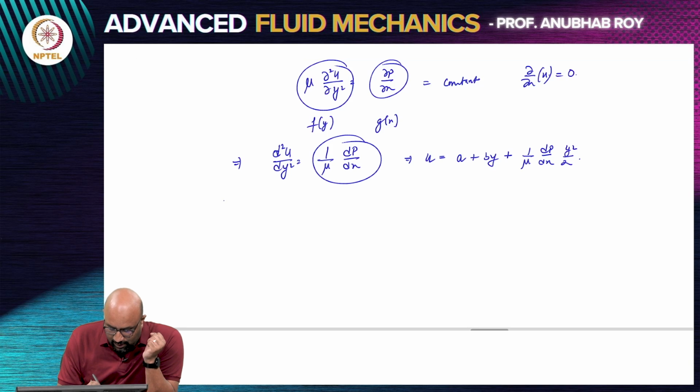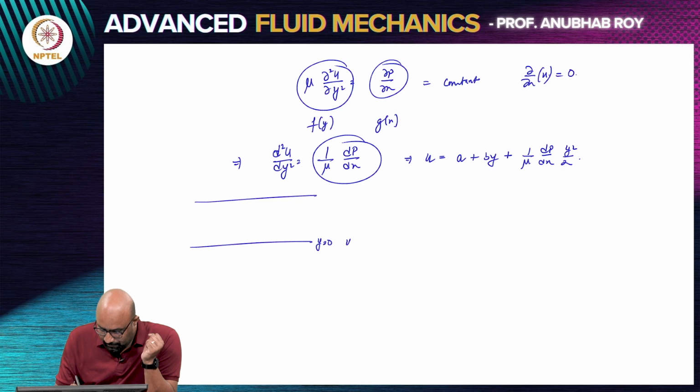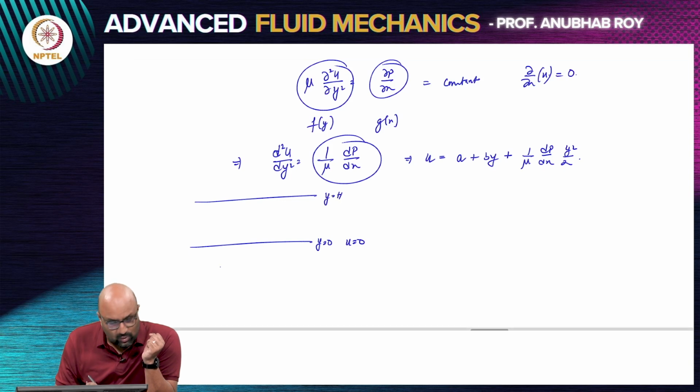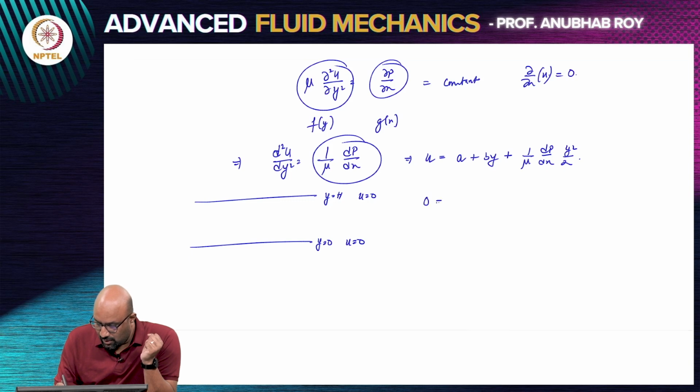So if you apply the boundary conditions, we have a problem where at the bottom plate, y equals 0, no slip boundary condition, no penetration boundary condition. At the top plate, y equals h, it's again the same no slip and no penetration boundary condition. So when I substitute it into this equation, I will have 0 is equal to a plus b times 0 plus 1/μ dp/dx times 0, which gives me a is equal to 0, that is at the bottom plate.